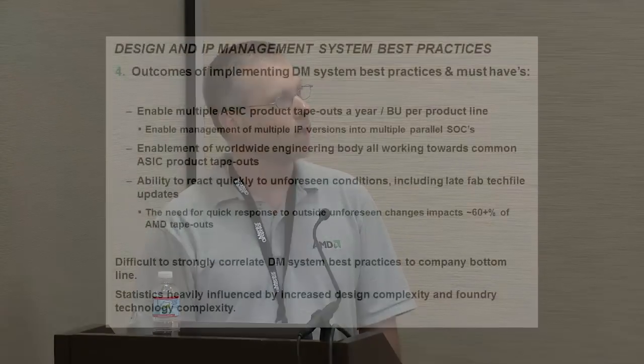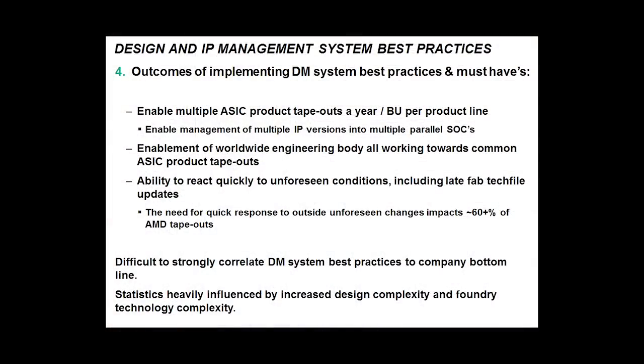So some of the outcomes of implementing some of the best practices and must-haves: effectively enabling AMD to be able to tape out multiple parallel products per year and per business unit. We have the challenge of IPs going into many possible parallel ASICs. That all has to be tracked and understood, the correct versioning, and tapeout organizations all pushing for that work in parallel means that it's very easy to get defocused on any one specific IP.